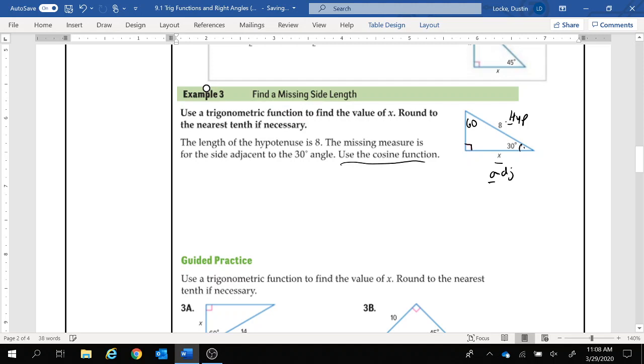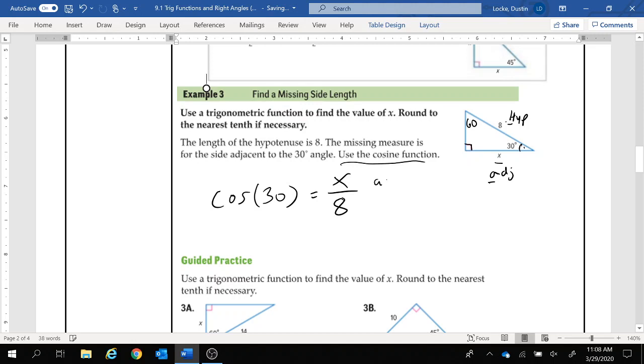So as you go to set this up, you're going to do cosine of 30 equals, and then you type this in, or sorry, don't type that in yet. We'll get to that in one sec. So then you're going to do your x, which is your adjacent side, over 8, which is your hypotenuse.